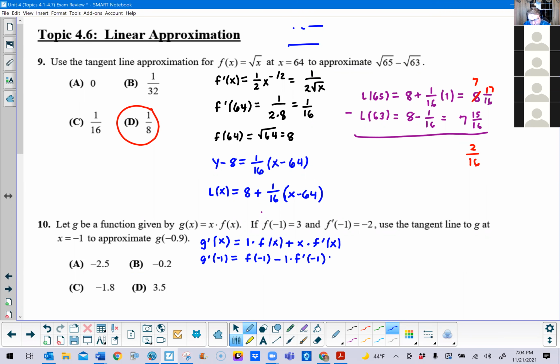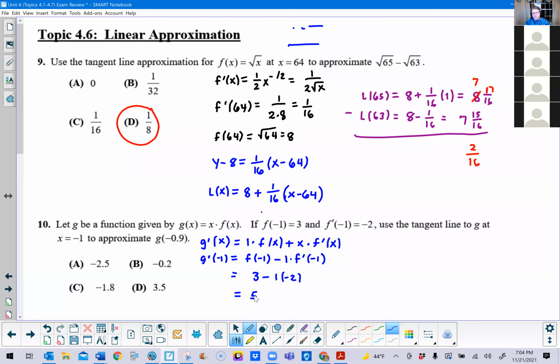And maybe now you can start to understand why these things were given to us up here, because we're going to have to replace this f of -1 with that 3, and this f prime of -1 is going to get replaced with that -2. And so once we simplify this, 3 plus 2 is 5, and that's going to be our slope.